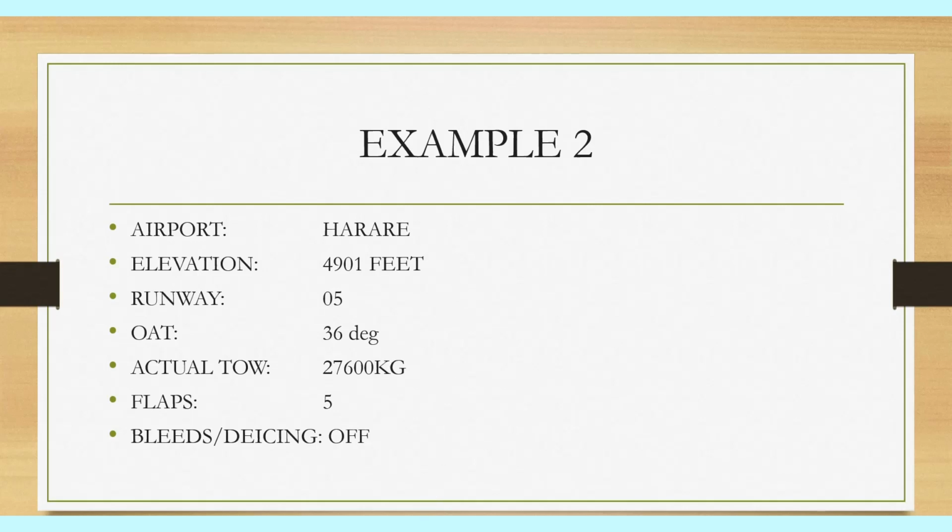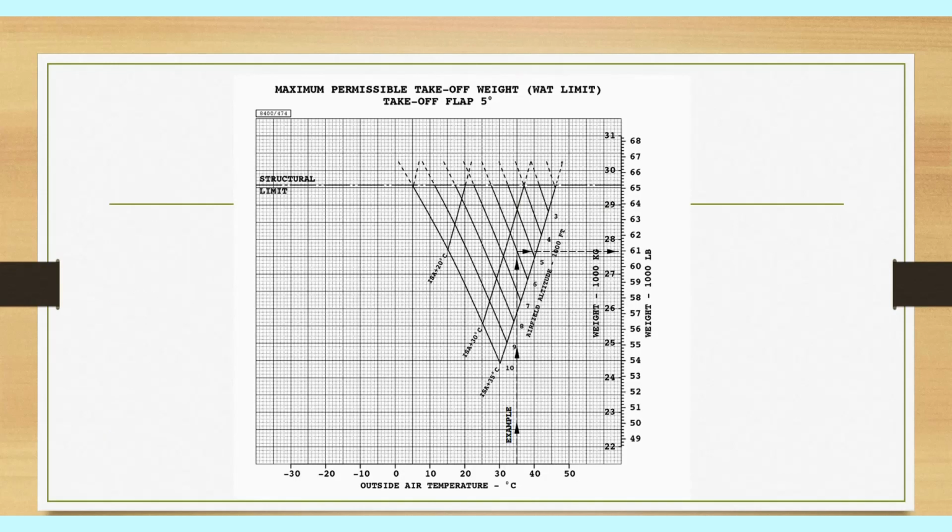Alright, so again we go to this table of hours as we did in the previous example. Alright, and we locate 36 degrees, which is there. Then we draw a line through 36 degrees vertically upwards so that it connects with the pressure altitude line for the airfield, which in our case is roughly 5,000.